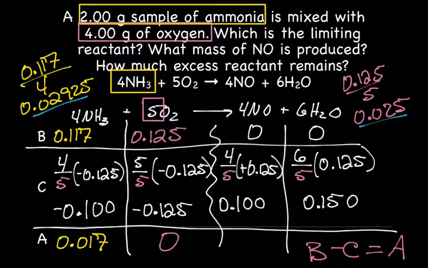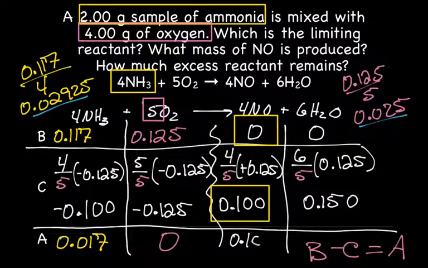For O2, we've already got that. For NO, we started with 0. We got to 0.1. So our after is going to be 0.100. And by the way, after is before plus change. Let's change that.